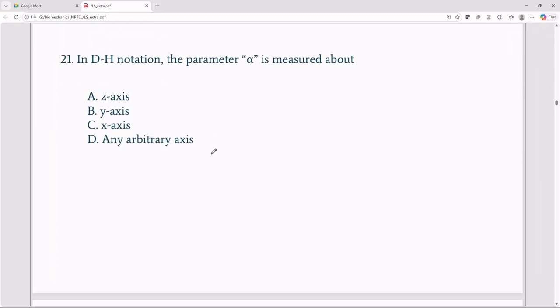Next question. In DH notation, alpha is measured about which axis? Options are option A, z-axis, option B, y-axis, option C, x-axis, option D, any arbitrary axis.